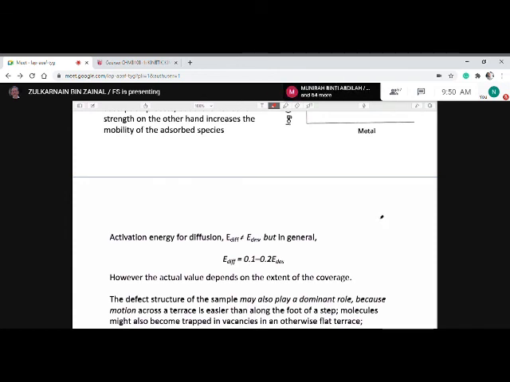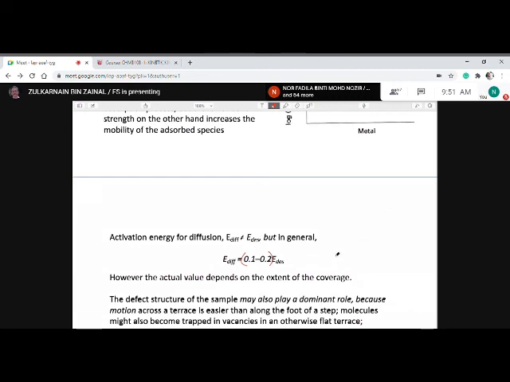If desorption is too low, meaning that the adsorption is too strong, also it is not good, right? So there should be a balance between the diffusion and desorption process, right? The range that is good for that is between 0.1 to 0.2.